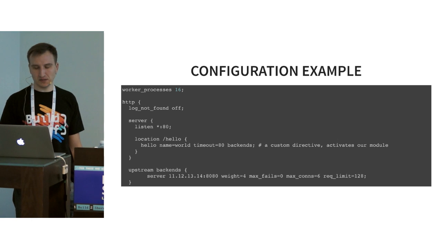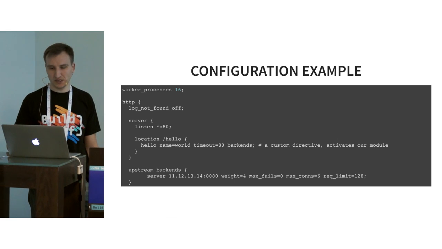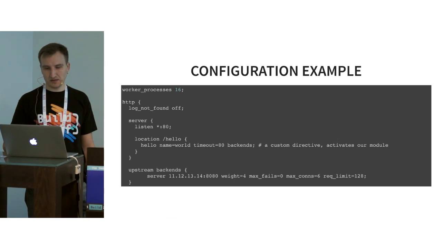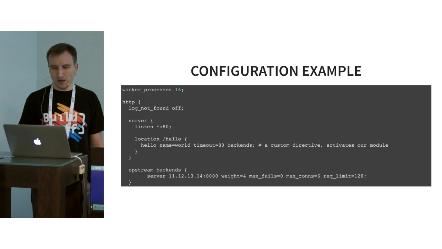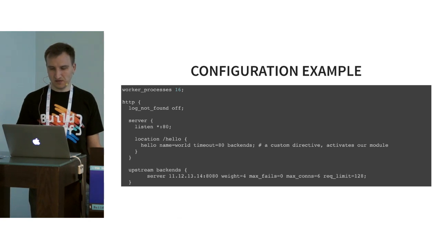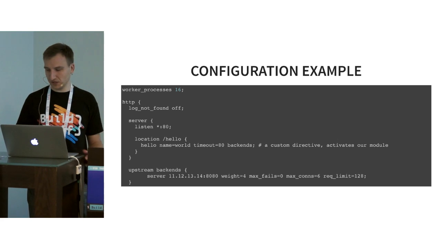For server, that I want to listen on port 80. And for the location, that I want to activate a hello module and pass for it custom configuration parameters. And there's my upstream backend configuration.